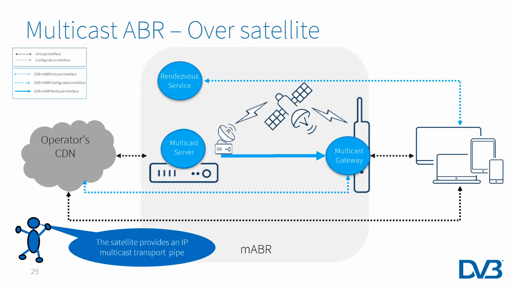So the multicast server is connected to the multicast gateway with a one-way link. But the multicast gateway side can rely on a unicast service, whatever way the unicast connection is implemented. It has to be there, allowing the multicast gateway to repair missing packets or get assistance from HTTP for missing segments. And on the terminal side, the terminal still relies on the unicast service that is also available in the home.